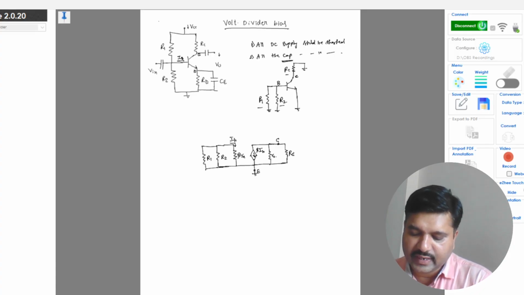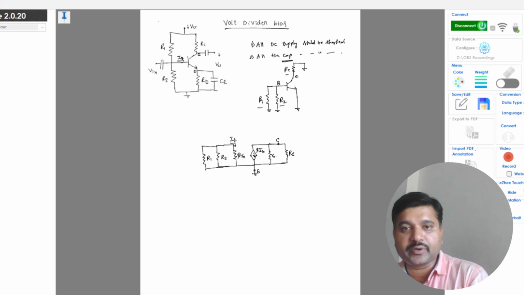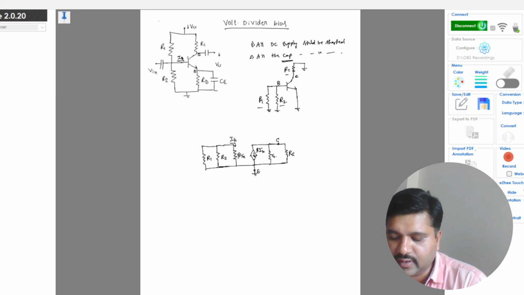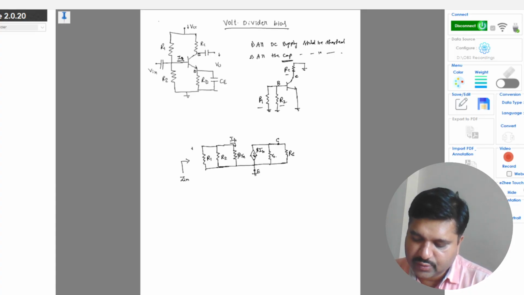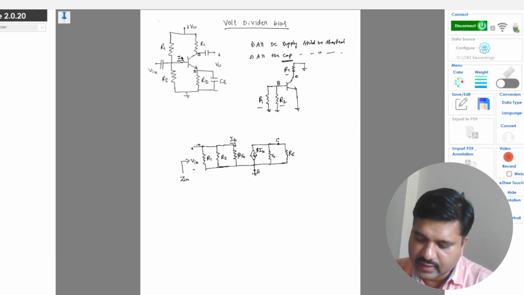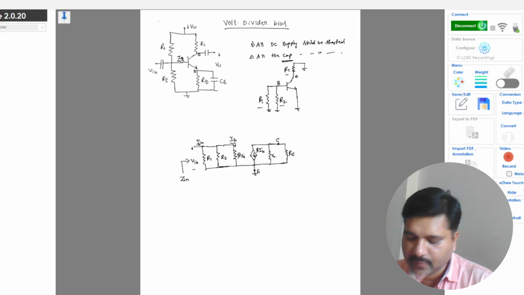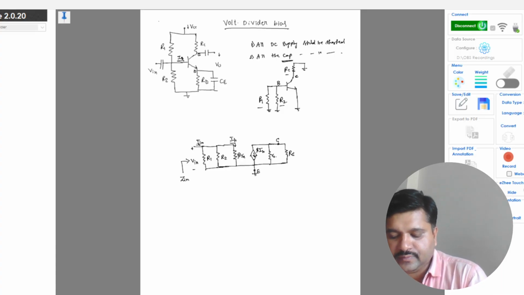So to do the AC analysis, that means to find the input impedance, output impedance and gain of the amplifier circuit, this is my input impedance Zin corresponding to my input voltage Vin and the input current Iin.